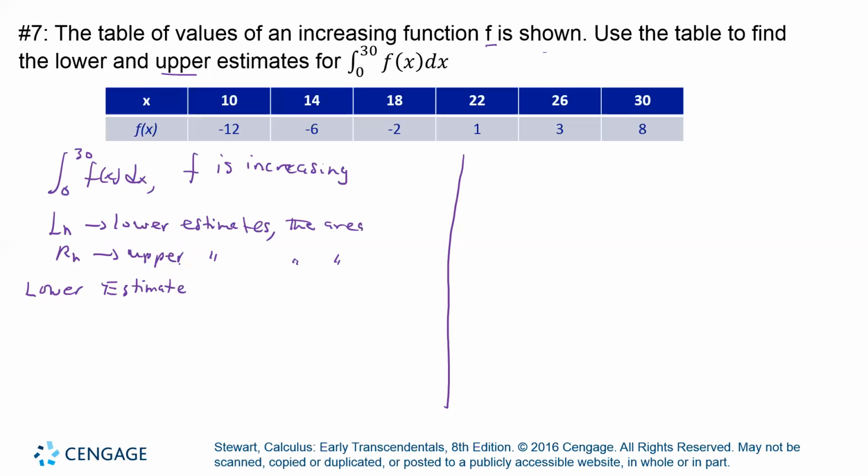then I have to use the Ln. So the question is, what is my n? And what is my delta x? Well, how many subintervals do we have there? We have the subintervals from 10 to 14, that is 1.